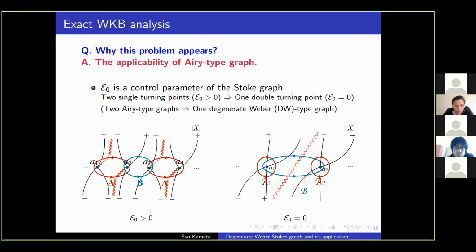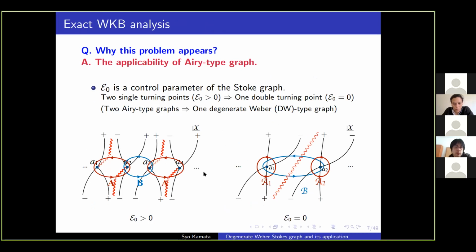Here, so two Airy-type graphs give one degenerate Weber, right? Yes, basically. When solving the quantization condition, maybe this situation always comes from this type of change.